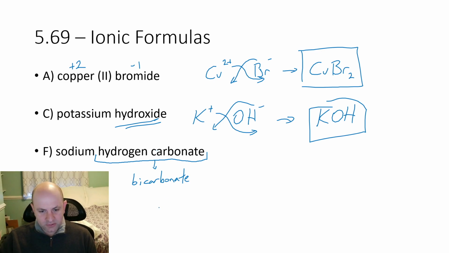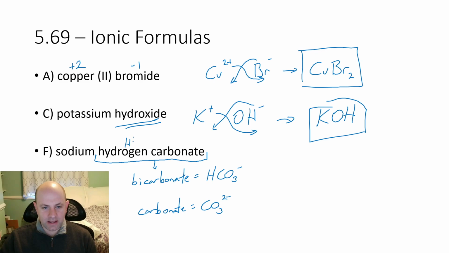If you're like, hey, what's with this hydrogen thing? Let's do a little lesson here. Carbonate is CO3 minus 2, and bicarbonate is HCO3 minus 1. So this hydrogen is like an H plus added on to the polyatomic.